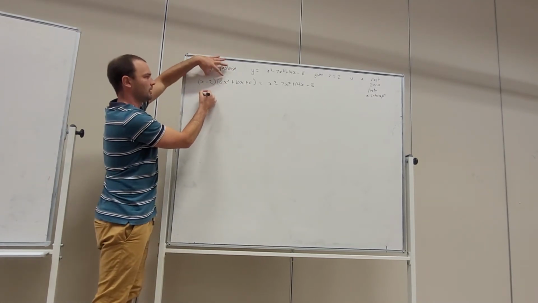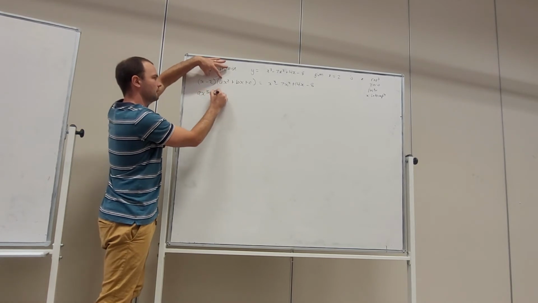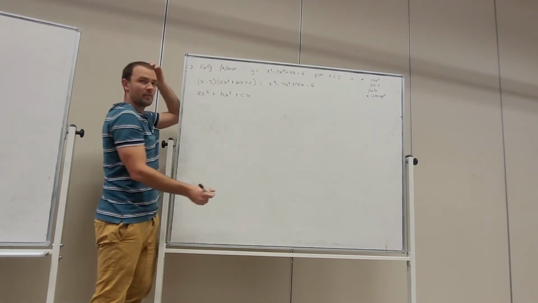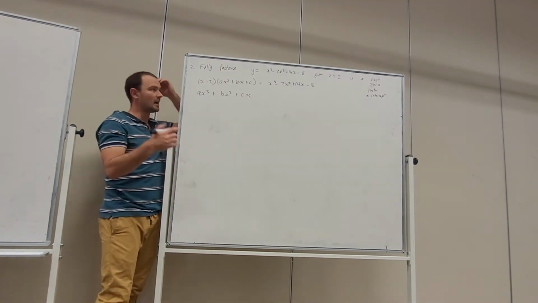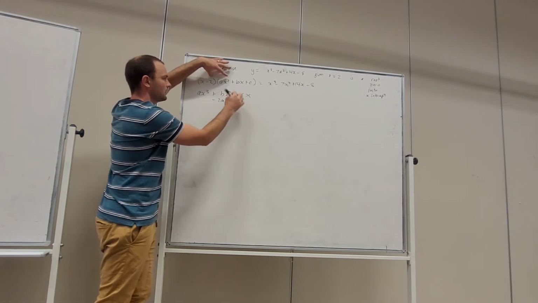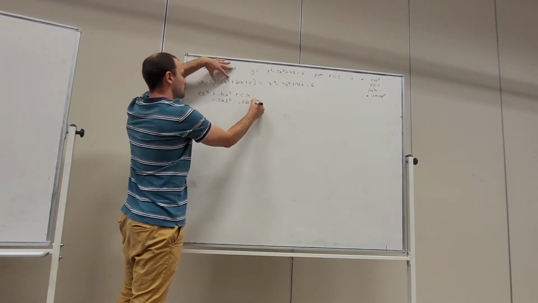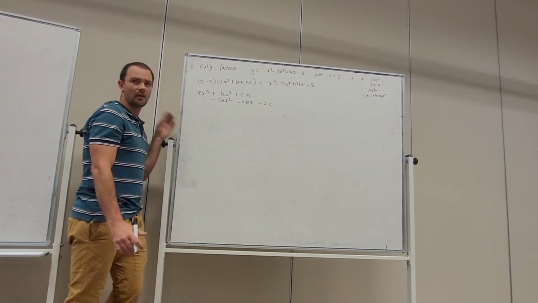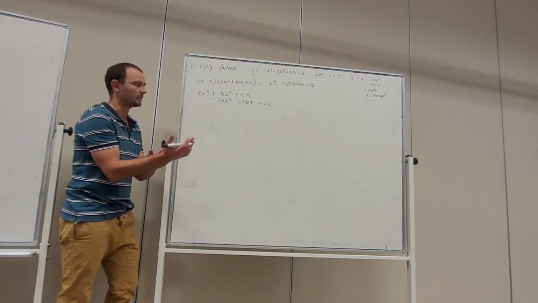We're going to apply the distributive law here: ax to the 3 plus bx squared plus cx. And then underneath, we're going to have take 2a x squared, take 2b x, and take away 2c. And then I'm going to smash them together, make it into one function.